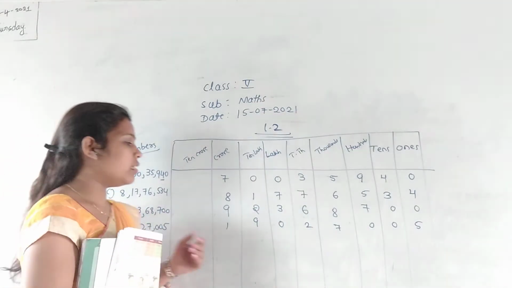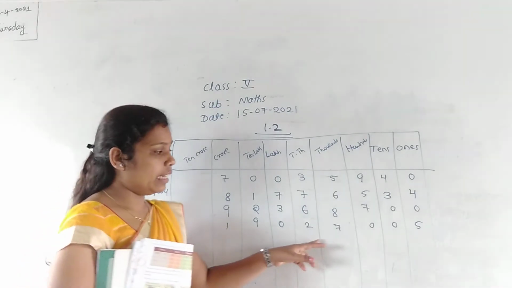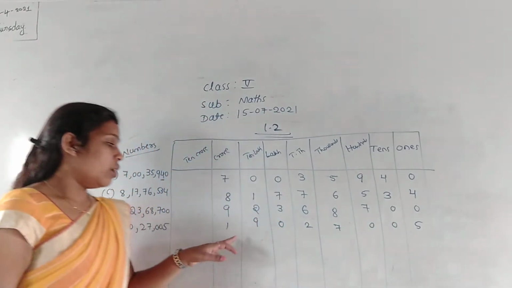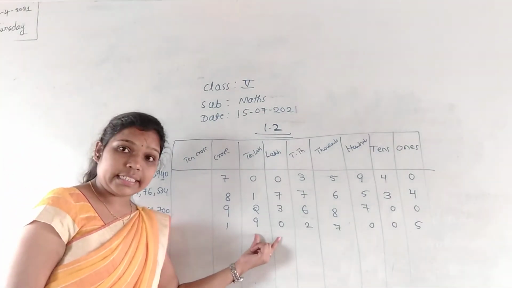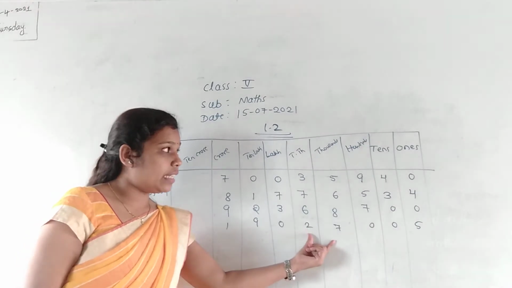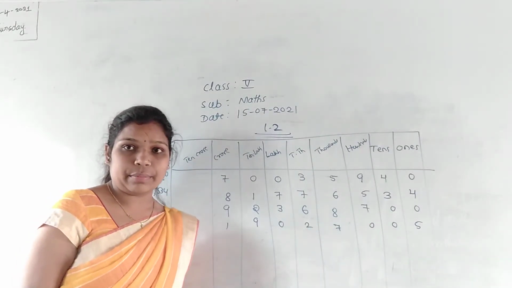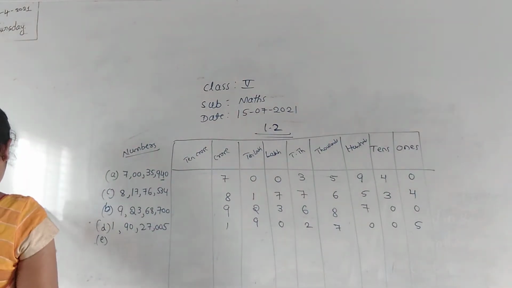So how to read this number? 1,90,27,005. Okay. Once again read it with me. So 1,90,27,005. That is the number name here. Next, go for the eighth one. What is the eighth one here?